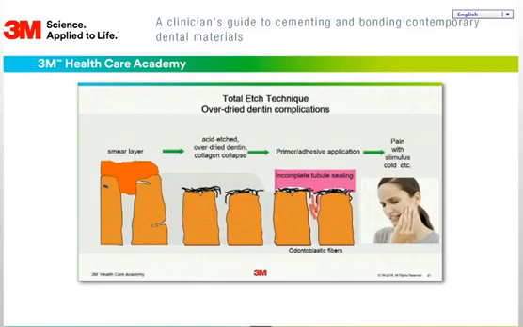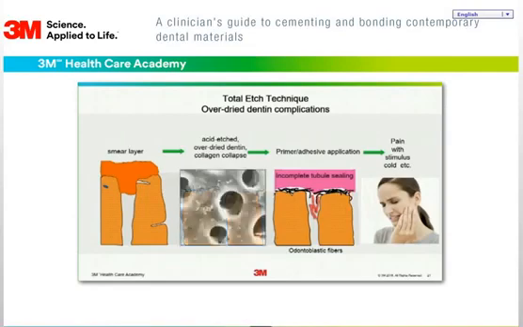And the reason for this is that the collapse of the collagen created an improperly formed or absent hybridization zone itself. And as you can see here, it's clearly different from the previous slide that we saw, where we see open dentinal tubules, but we see absolutely no collagen network available for the technique to properly perform.